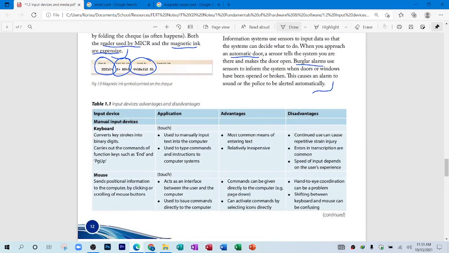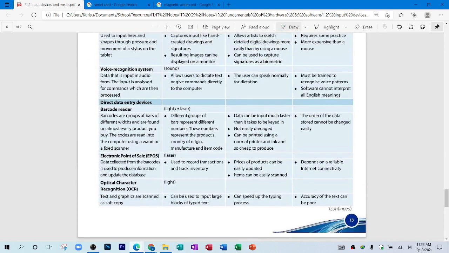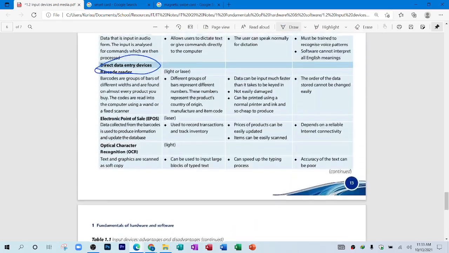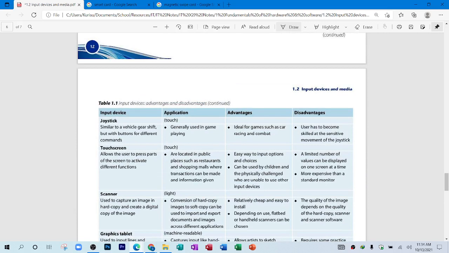Remember, I told you that you need to know what each device does and what category it falls under. These are the manual input device categories, and direct data entry starts from here. So it's important for you to know what each device does, what category it falls under, what it is used for, so that's the application, and what the advantages and disadvantages of that device are.